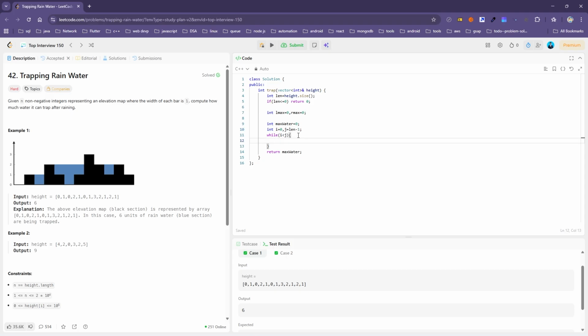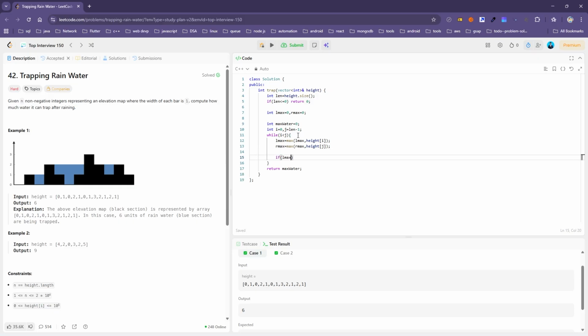Now at this position, we will update Lmax and Rmax. Lmax will be the maximum of the Lmax we already have, or the height at this position. Rmax will be the maximum of the Rmax we already have, or the height at the jth position. So we know Lmax and Rmax at this position.